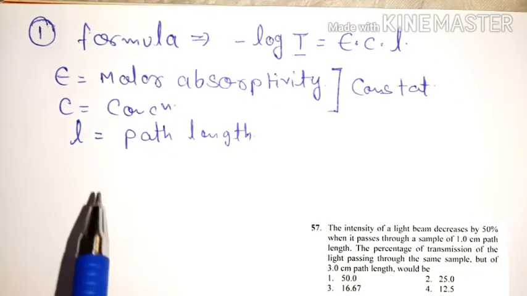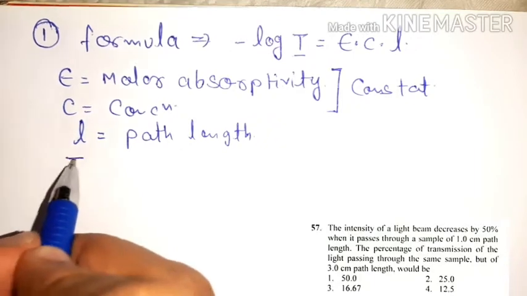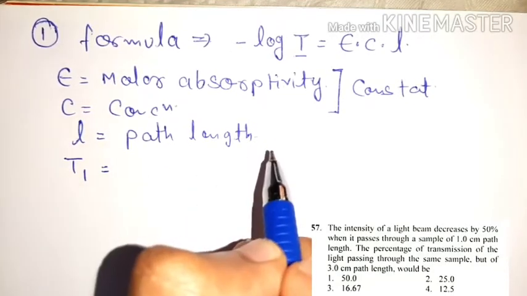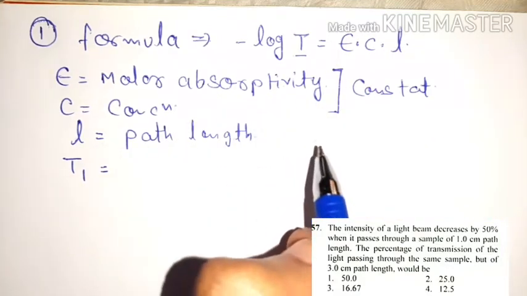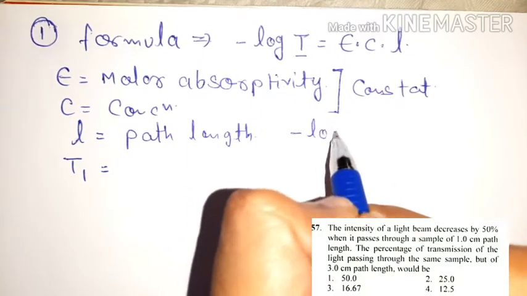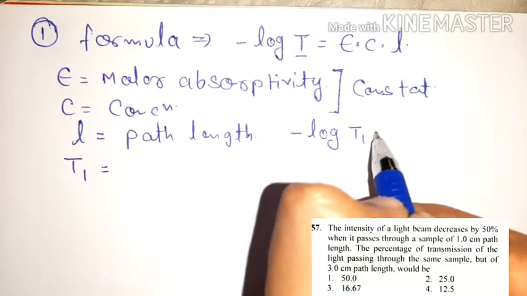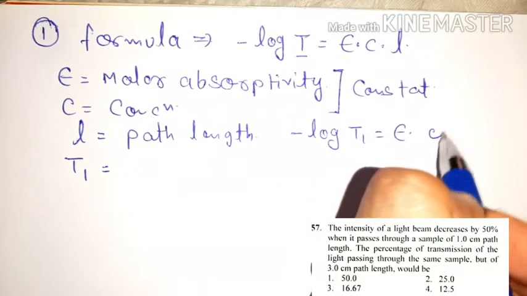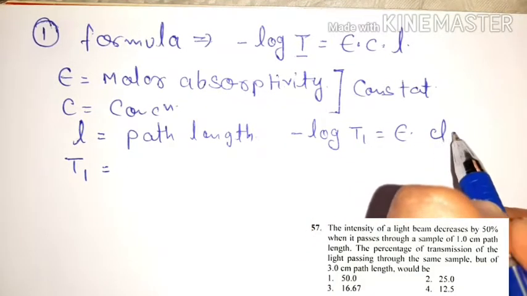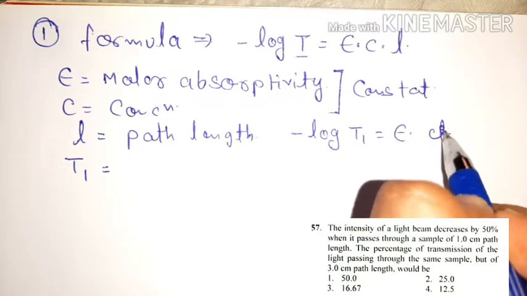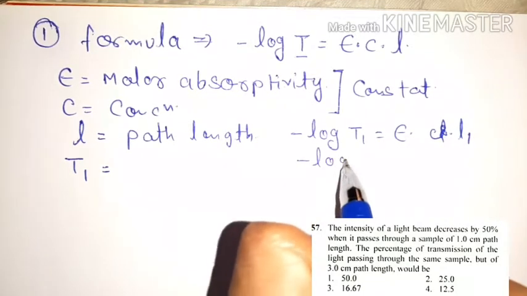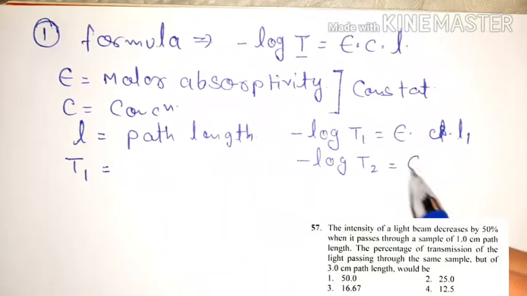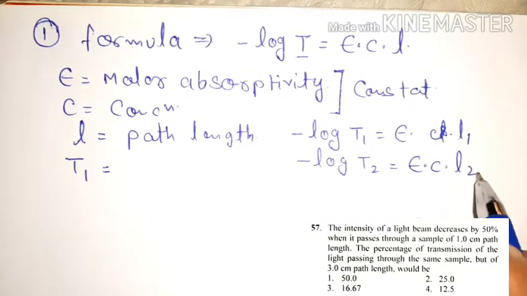Okay, now first of all, we have T1. So this formula can be written for both of the solutions, that is minus log T1 will be equal to epsilon into C into L1. Understand? Okay, and minus log T2 is equal to epsilon into C into L2.